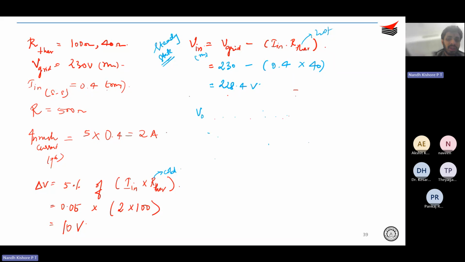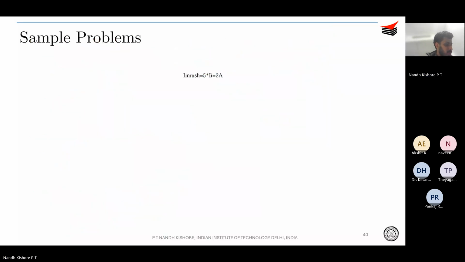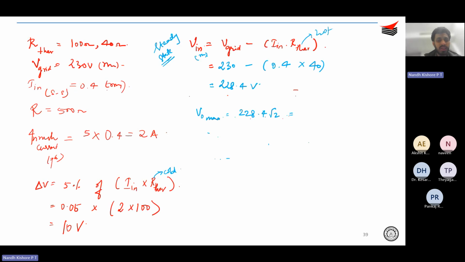Therefore, your V0 max will be 228.4 root 2, that is 228.4 into 1.414, which is 322.96 volts.